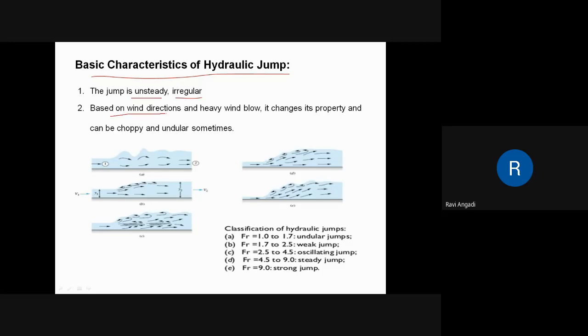And based on the wind direction and heavy wind blow, it changes its property and can be choppy and undular sometimes. See here, the jumps may be like this, choppy and undular, like this undular. Okay, so based on the wind direction and heavy wind blow, it will change its characteristics. So these all are just hydraulic jump examples.